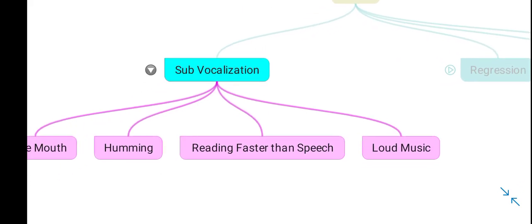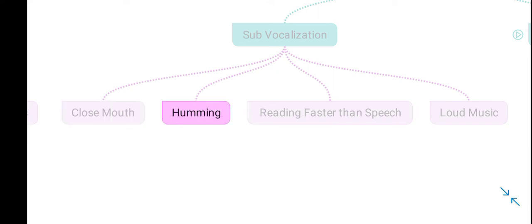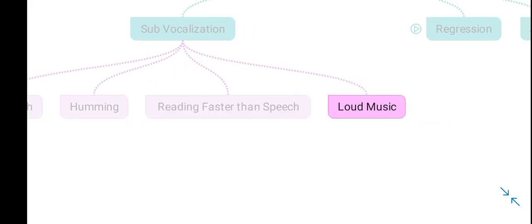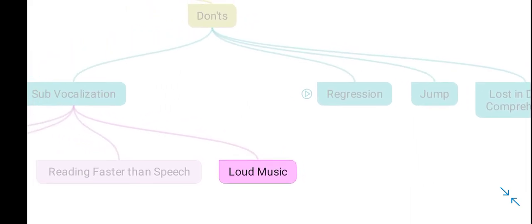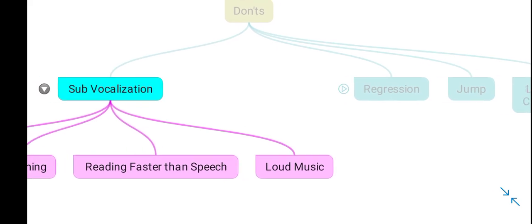In order to avoid subvocalization, you should keep your mouth closed, or if you cannot close it, then you should hum instead of speaking the text you are reading. Or you can also read faster than you normally speak, or you can use loud music while you are reading a book in order to curb your own voice. So these are the techniques to avoid subvocalization.